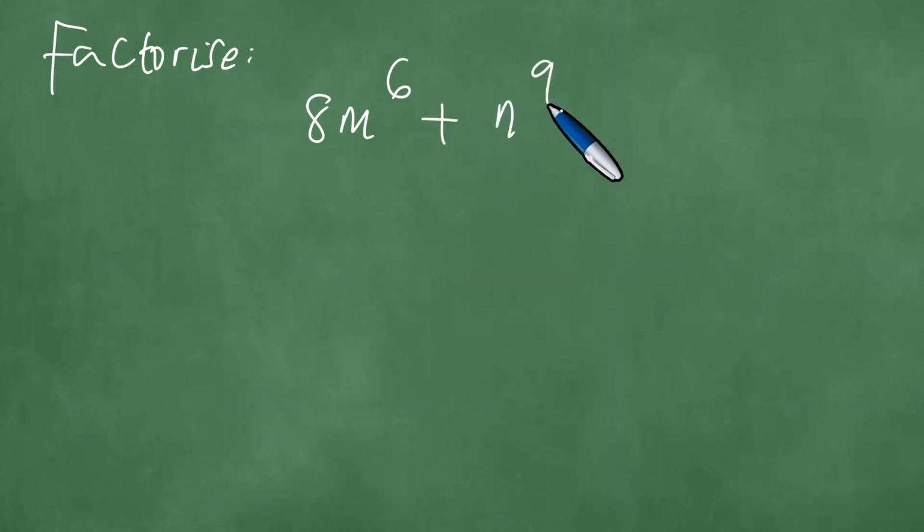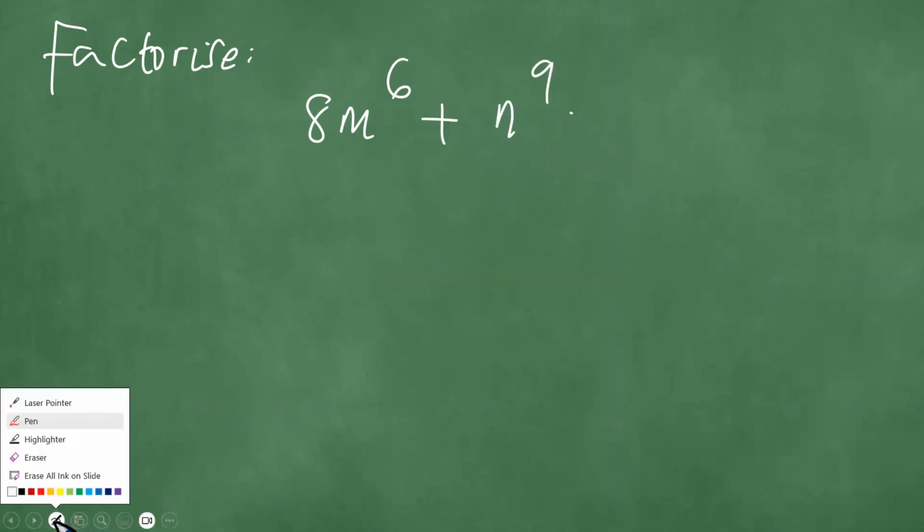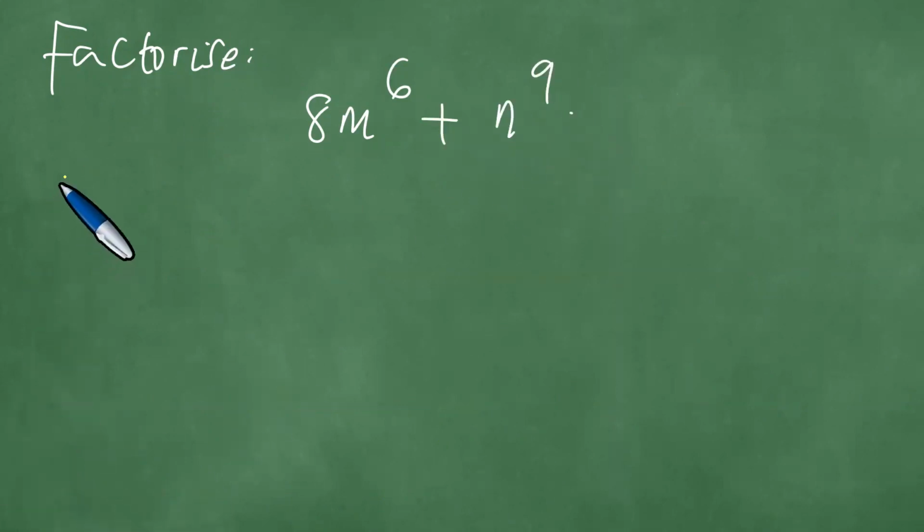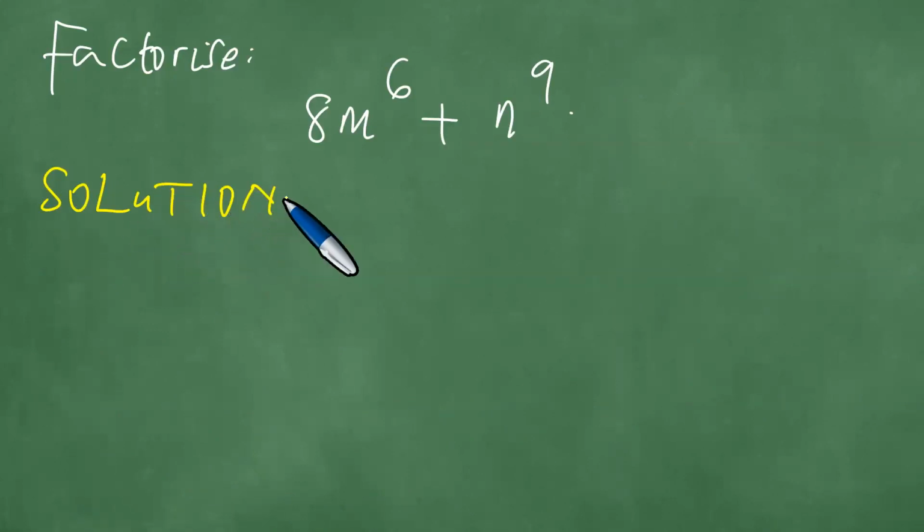Factorize this one. 8m to the 6th power, n to the 9th power. Okay.